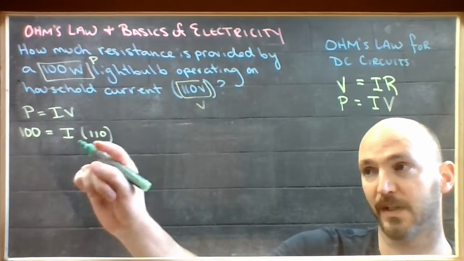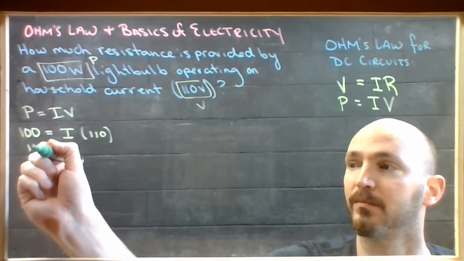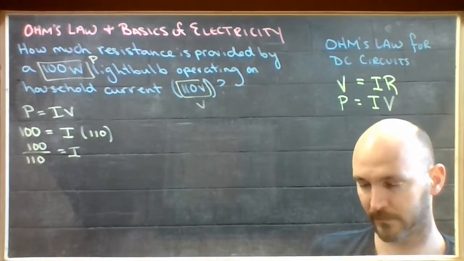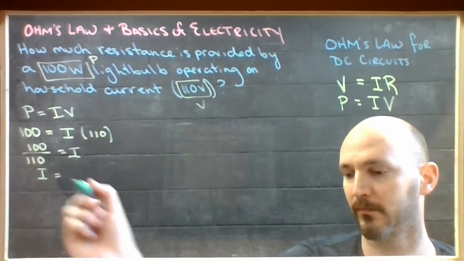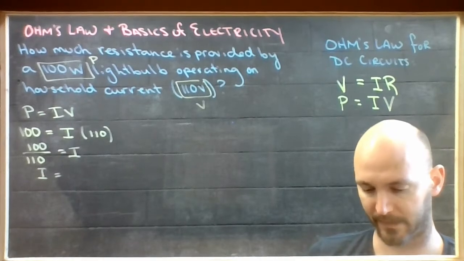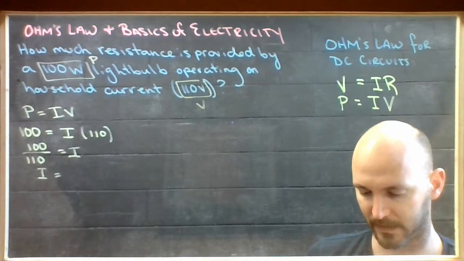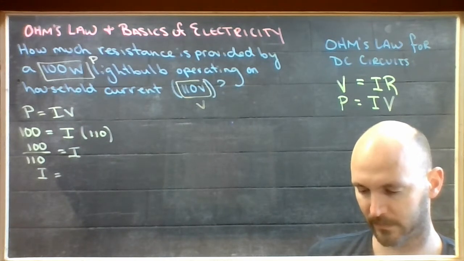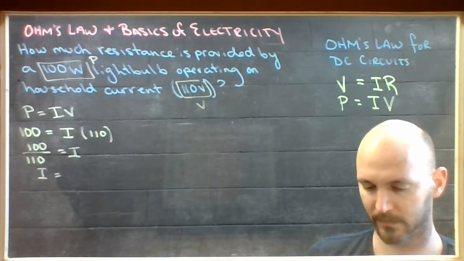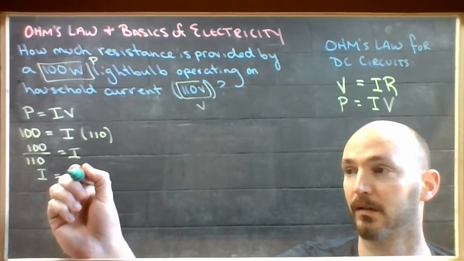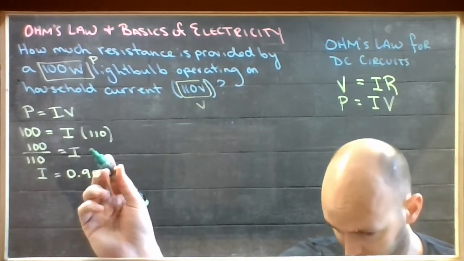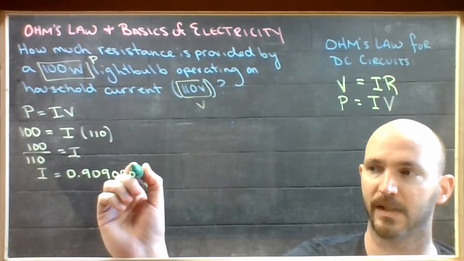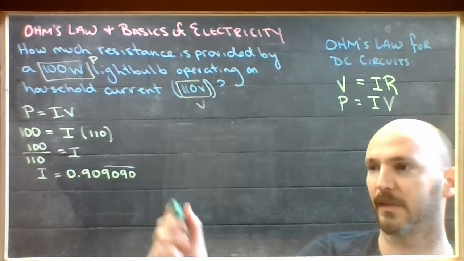So I just have to divide 100 by 110 in order to get the current. The 1/11th is like 0.09999, etc. amps.